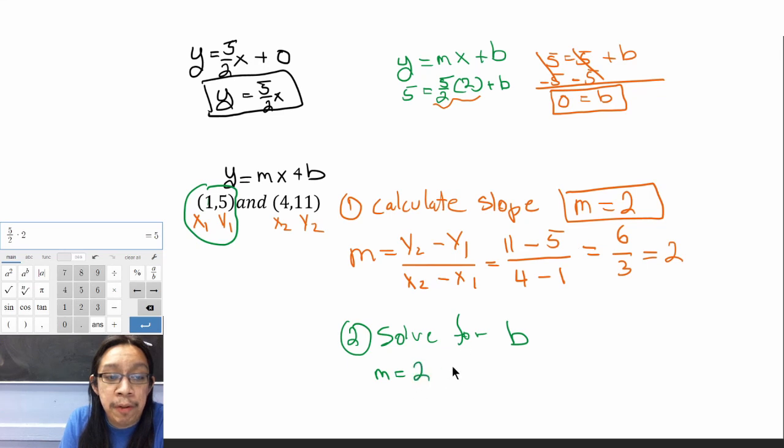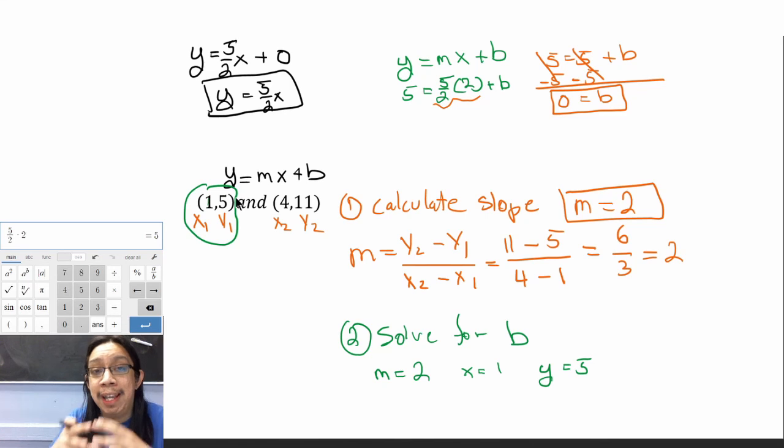M, we said it was 2. Our x, according to the numbers we're going to work with, is 1. And our y is 5. So here's the question. Can I choose x1 and, let's say, for example, this y2? No. You have to choose a whole coordinate point. It has to stay together. It's either 1 and 5 or 4 and 11.